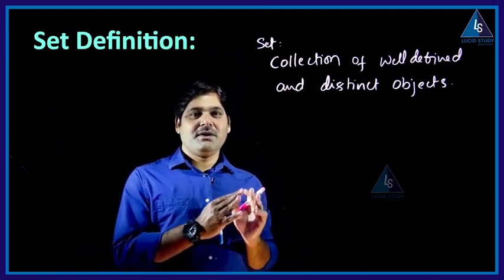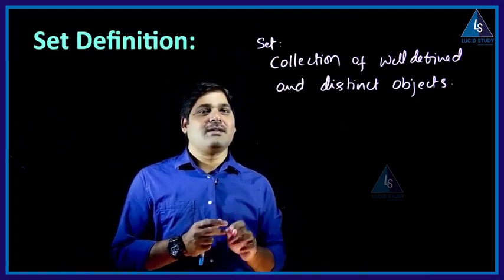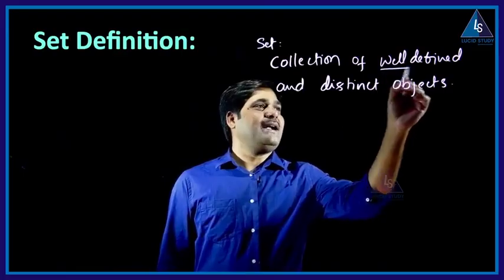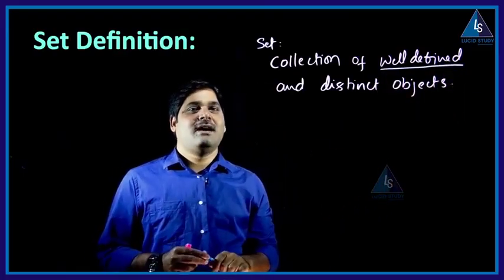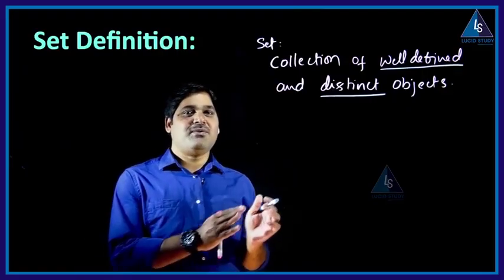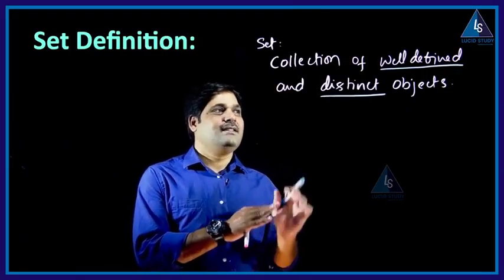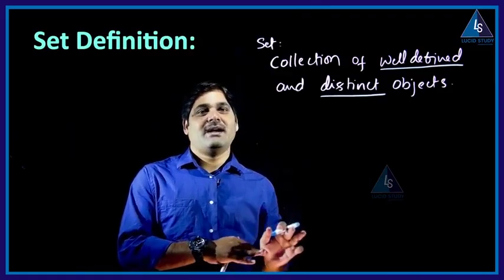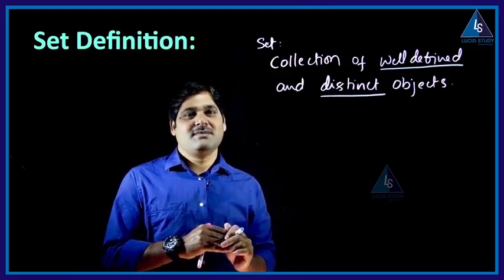If you observe, two things are there: one is well defined, the other is distinct objects. So the objects we call a set should be well defined and distinct, right?